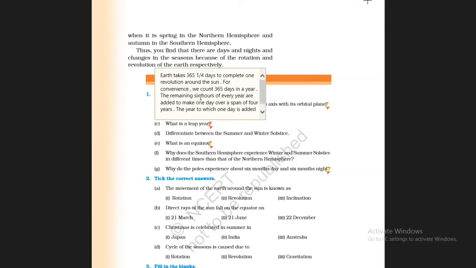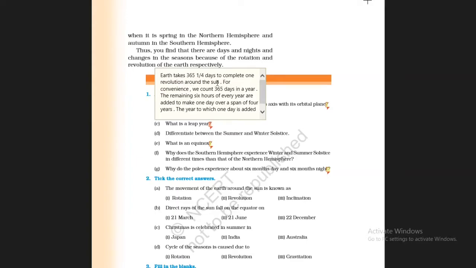Here I have corrected it. Now see here, you must write: Earth takes 365 and 1 by 4 days to complete one revolution around the sun.